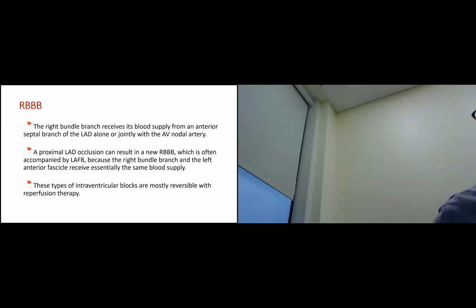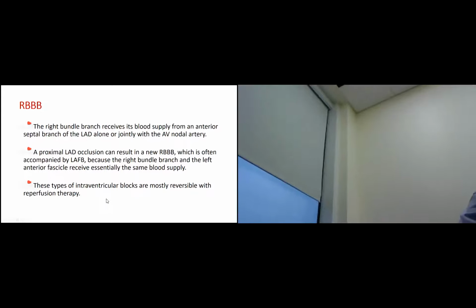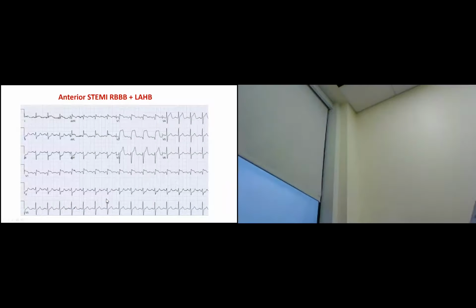Proximal LAD occlusion can result in new right bundle branch block, which is often accompanied by left anterior fascicular block, left axis deviation, because the right bundle and the left anterior fascicle receive essentially the same blood supply. These types of intraventricular blocks are mostly reversible with reperfusion therapy.